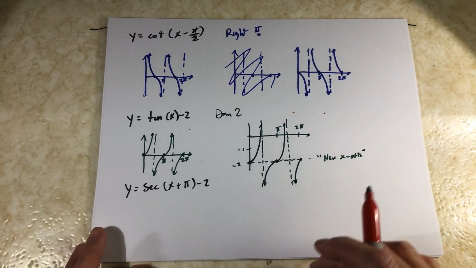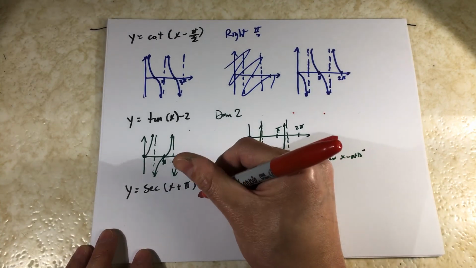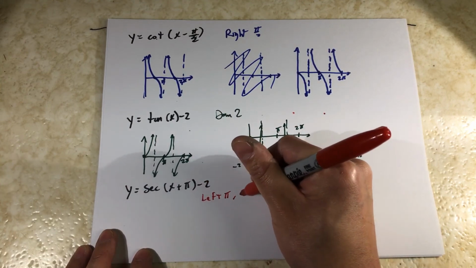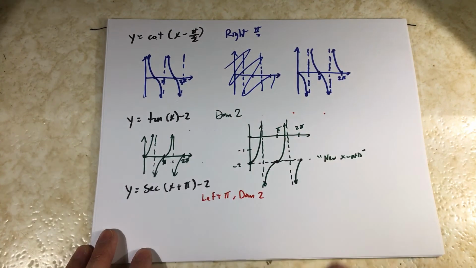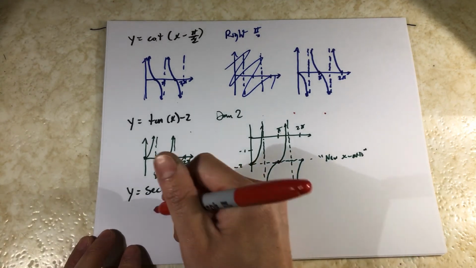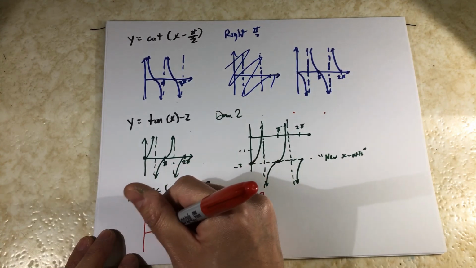All right, and the last one is secant, and we have 2. So we move left pi and down 2. The question is, are we going to be able to fit this on the sheet? Well, that is a good question. All right, we'll do our best. So let's draw the secant function.